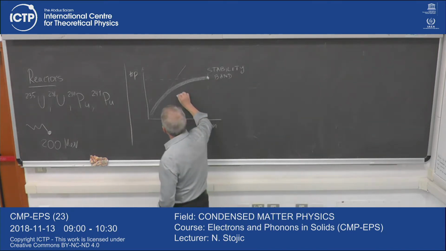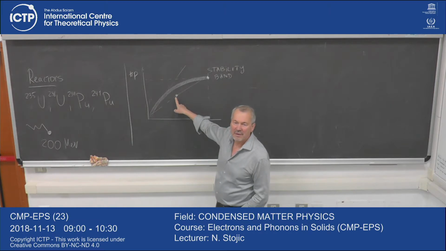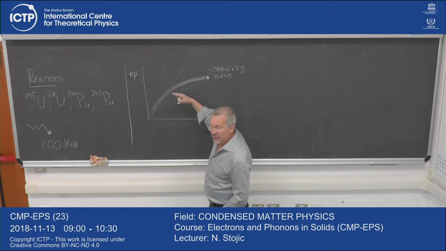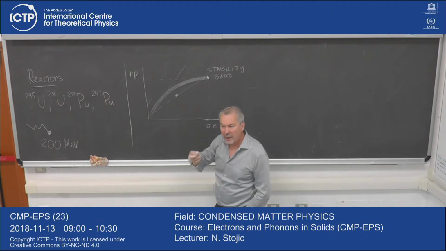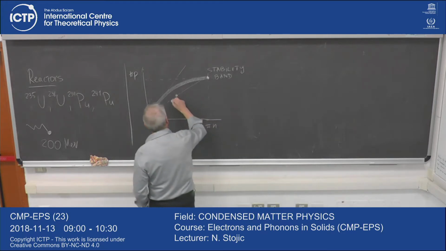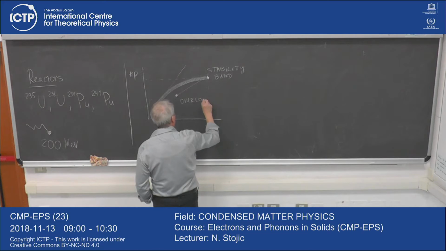Then you are sitting here, so it's half, and you have two nuclei which are sitting somewhere here, if you just divide by 2, right? Which means that you are out of the band of stability, and you produce nuclei which are overloaded by neutrons.